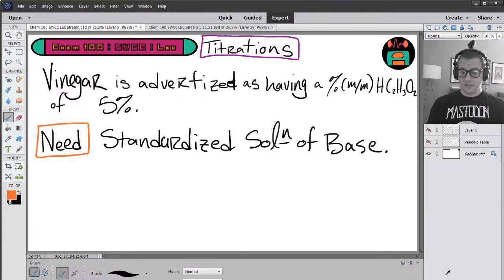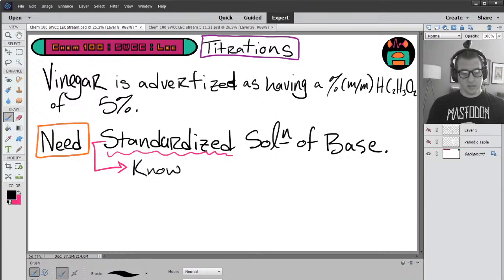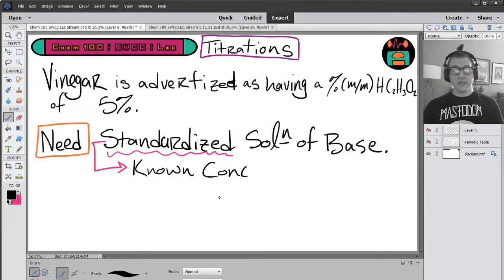Standardized is just a fancy word that means that it has a known concentration. All right, if you don't have a solution of base lying around, you're going to need to make one, standardize it, right?